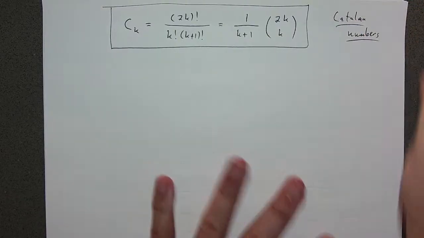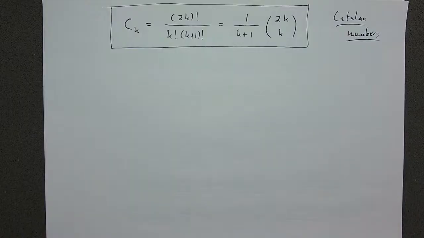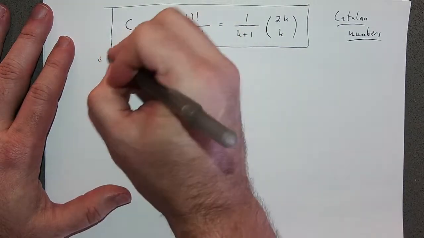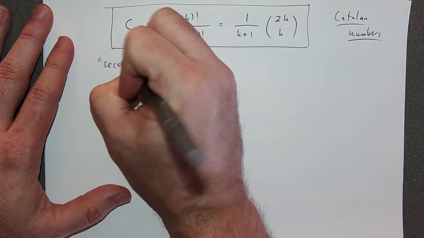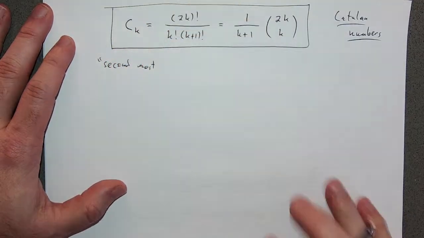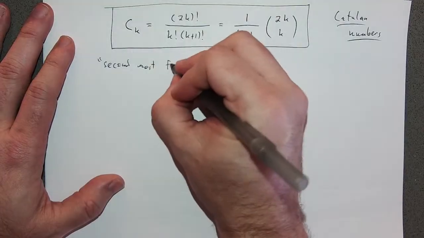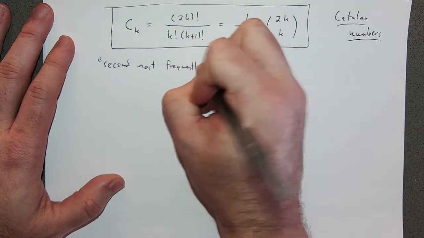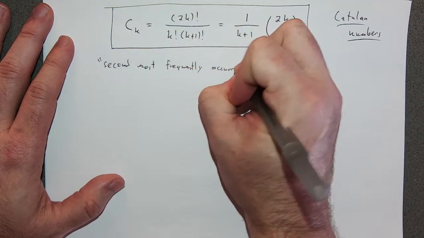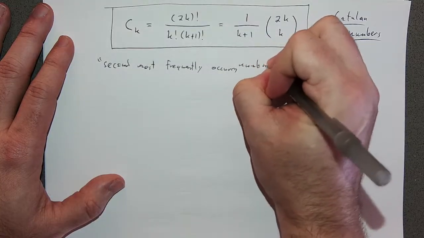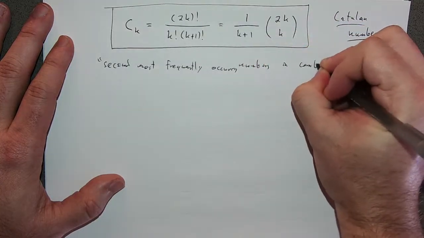Now, to end our discussion here, I mentioned that these are important. These show up quite a bit. In a way, these are like the second most, should I say popular, frequently occurring numbers in combinatorics.